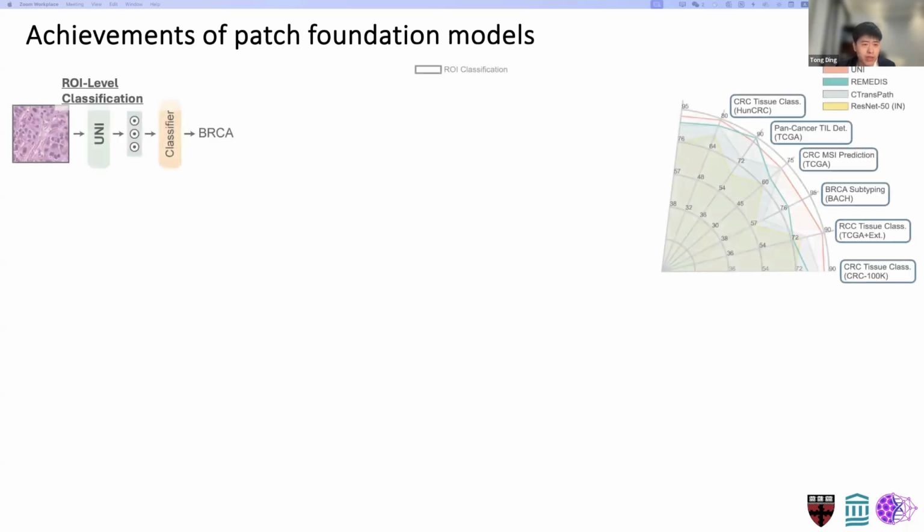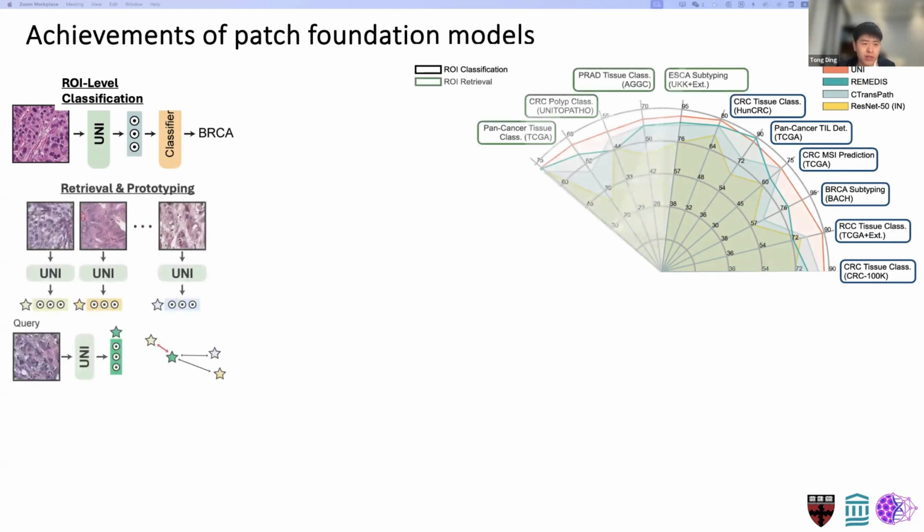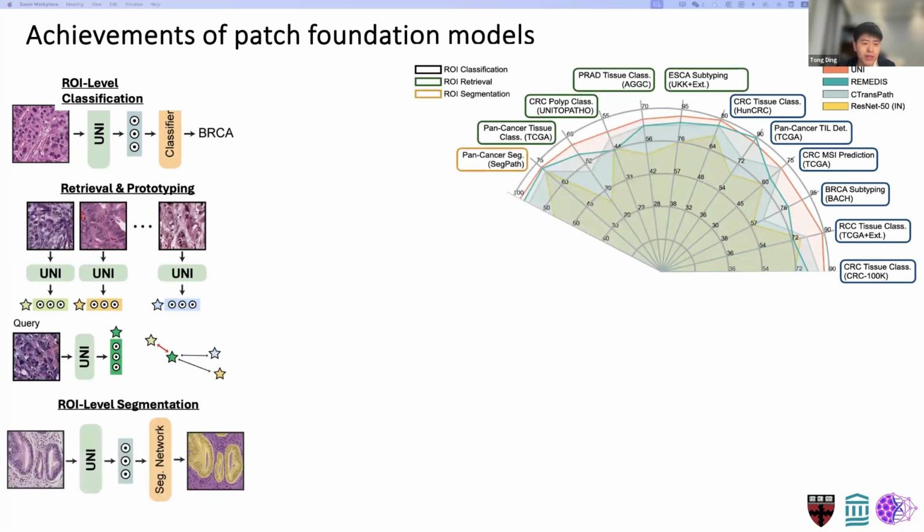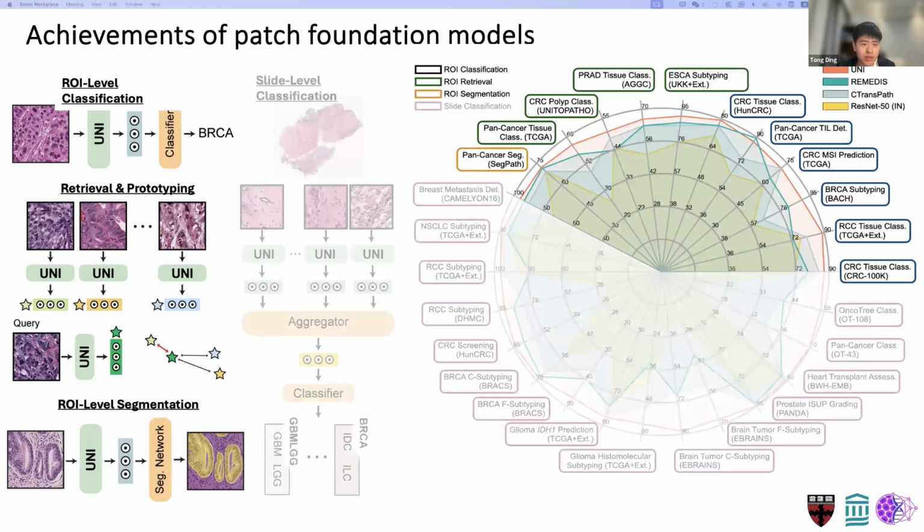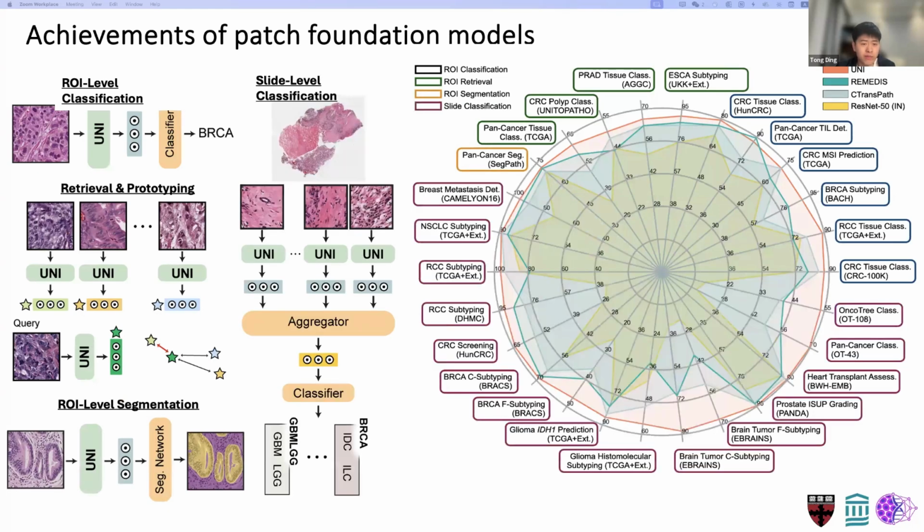The UNI model, a commonly used foundation model from our lab, achieved state-of-the-art performance on various tasks, including ROI-level classification, retrieval and prototyping, ROI-level segmentation, and slide-level classification using ABMIL.